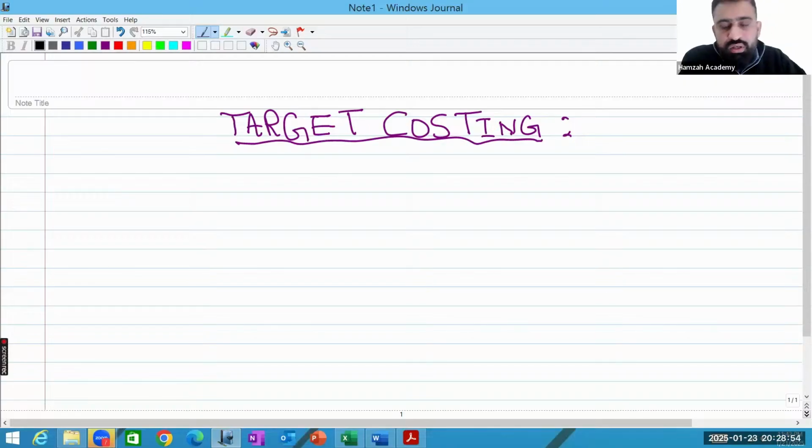Now, first of all, what is the background of target cost? Traditionally, in a conventional industrial time, when there was not much competition, the company's focus was not on cost reduction.